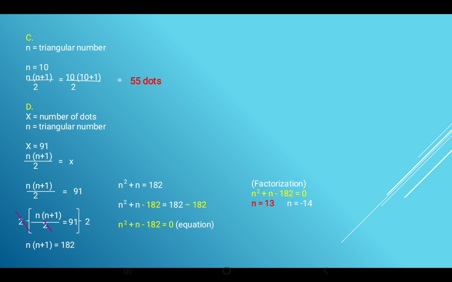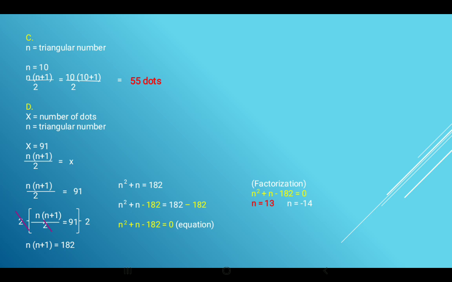Next, yung n nasa labas, i-multiply natin yung n sa n plus 1. So, n times n is equal to n squared plus n is equal to 182.